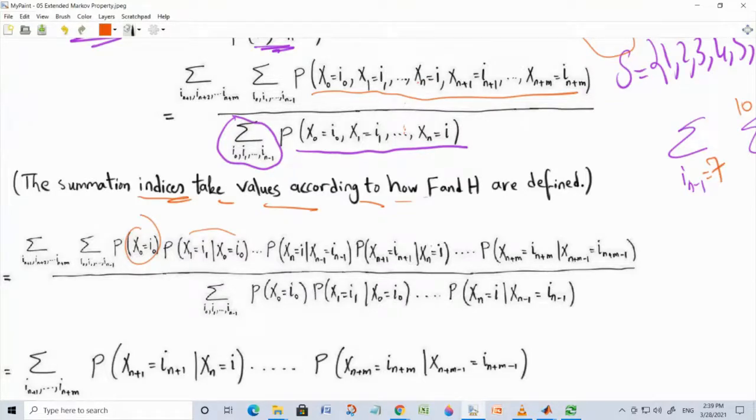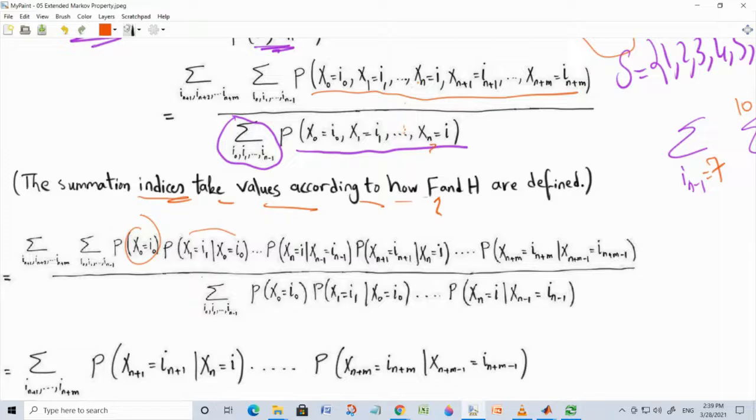We are fixing x of n as i, and then you go all the way to x of n plus m, because we assume that the future event depends on the random variables x of n plus 1, x of n plus 2, up to x of n plus m. Do the same thing in the denominator, but there we just stop at x of n, and then compare.